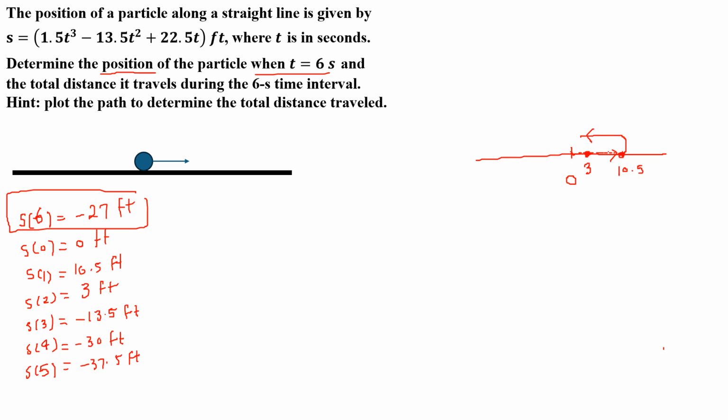Sorry. Now at 3 seconds, I am at negative 13.5. So I will go all the way to the other side, and keep moving until I reach somewhere maybe here. So now I am here at negative 13.5. Let me just make it a little bit longer.